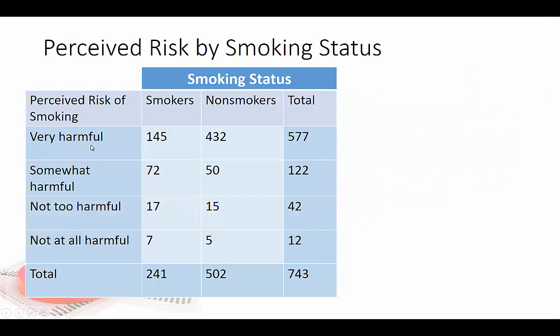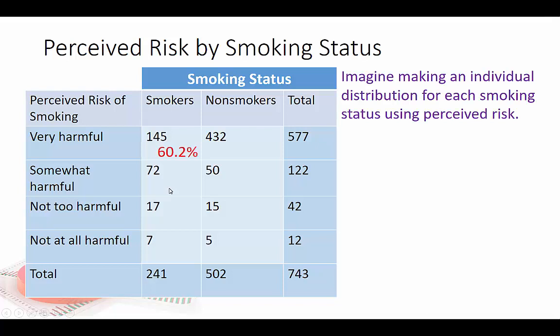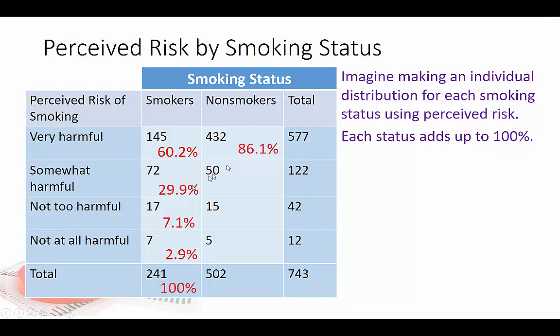Okay, now we're going by smoking status. So instead of having my risks add up to 100%, I'm having my smoking status add up to 100%. So 145 over 241, that's over half at 60.2%. Then this works out to 29.9, 7.1, 2.9. And again, each status is going to add up to 100%. Continue the math on this side, and we get 100% here.